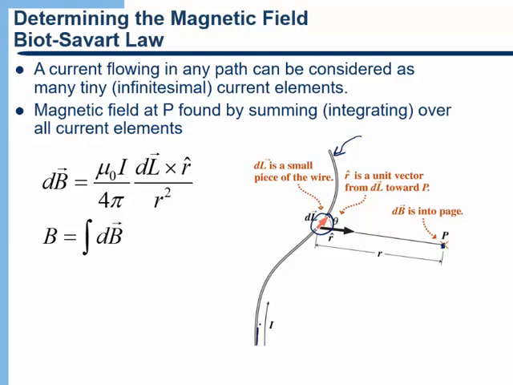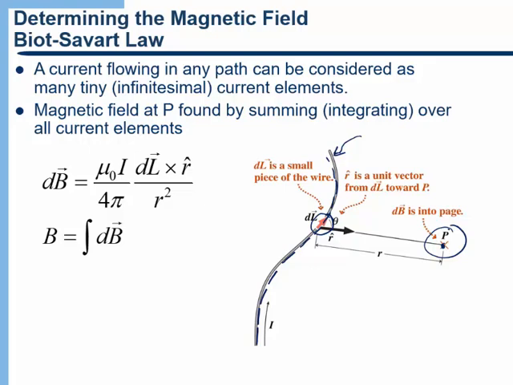And if I could break this wire into little pieces, each creating little bits of magnetic field at this point, if I could add all of that up, that would give me the magnetic field due to that current carrying wire. Okay?